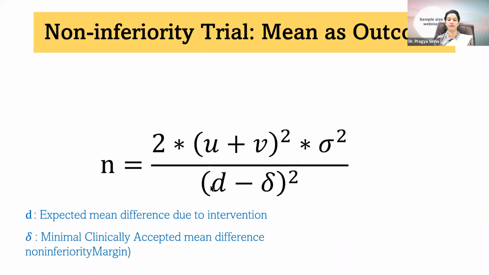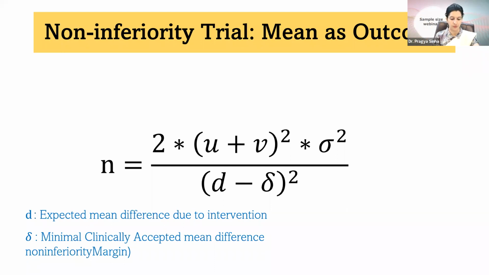So if you have any value here and you deduct it, then this whole number, if you square it, will be less. So the sample size will be more. If you have some difference between the expected mean difference due to intervention, your sample size will increase by a very huge amount. Like maybe it will go into thousands, 2,000, 3,000.